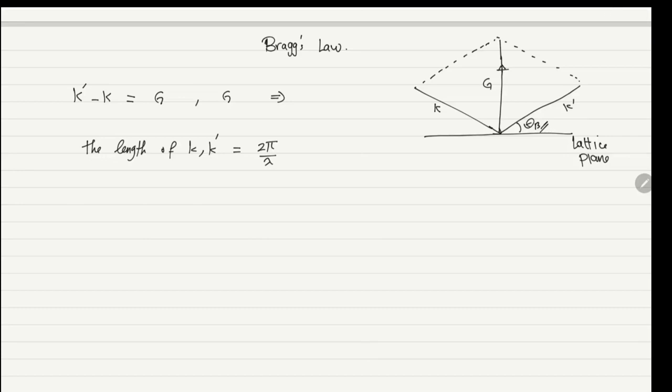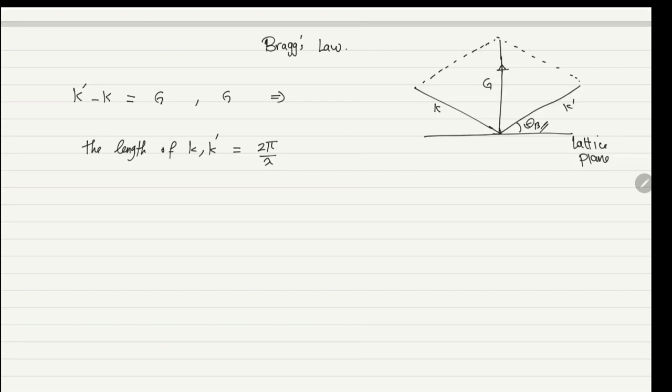The angle between the forward directions of the two waves, the incident and the reflected, or the incoming and outgoing waves, is equal to 2 theta b. And remember, only a few values of theta b can give rise to diffraction. As we mentioned before, not all the incident wave will be diffracted.